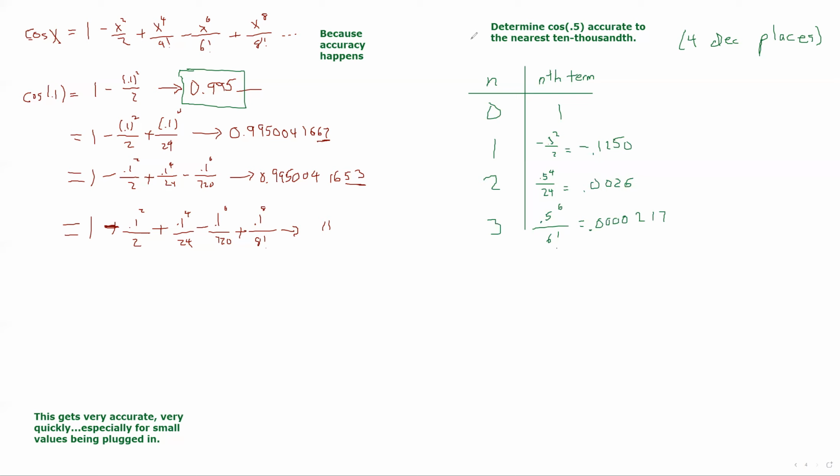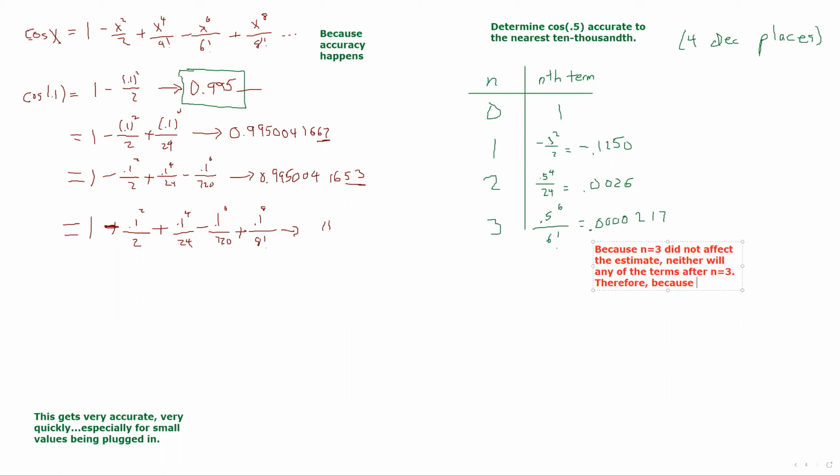What does this mean? This means that because n equals 3 did not affect the estimate, neither will any of the terms after n equals 3.